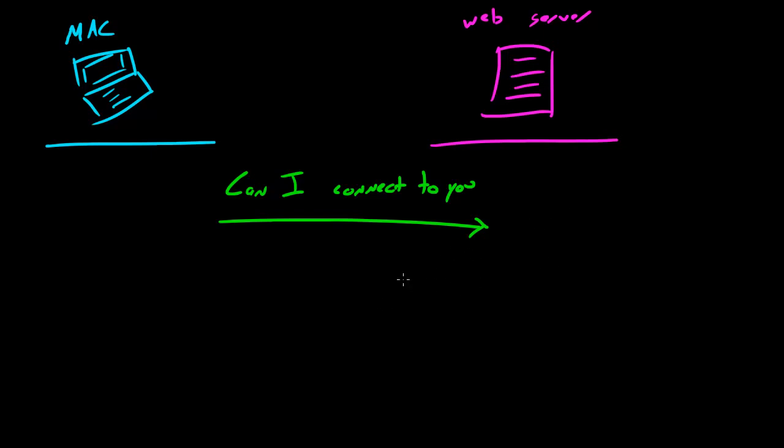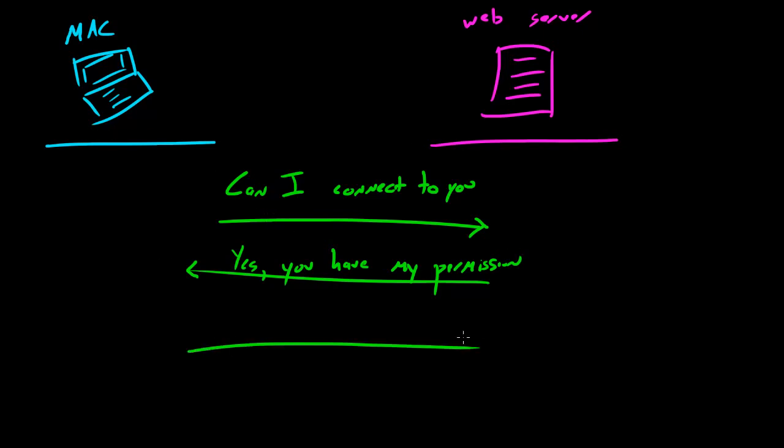If it's a personal home server, it's going to, of course, say no. But since this is a web server, we'll say it's my web server for thenewboston.org. Best website ever, by the way. The web server is going to say, yes, you have my permission. Now the Mac knows that it has the authority to connect, so it's going to request the file, so it can view the website.